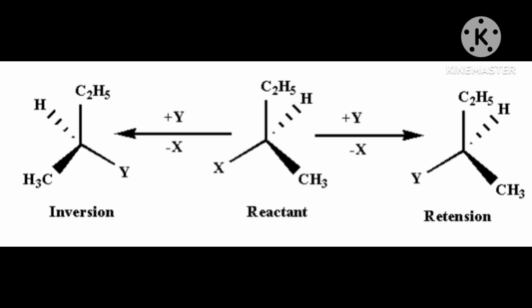H was down the paper, now again it is down the paper. C2H5 was on the paper, it is on the paper. X was on the paper, now Y is also on the paper. Only X changed to Y. This is the example of retention. Now with the same molecules, you can see what will happen on the other side.